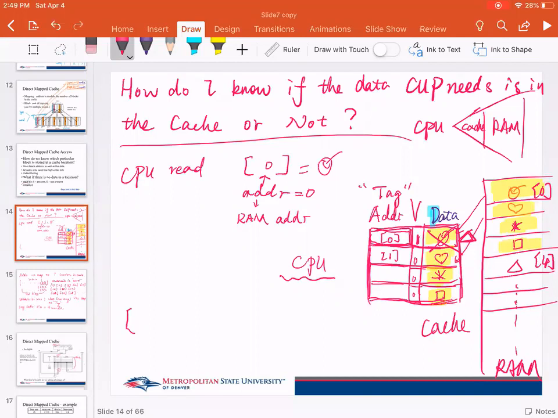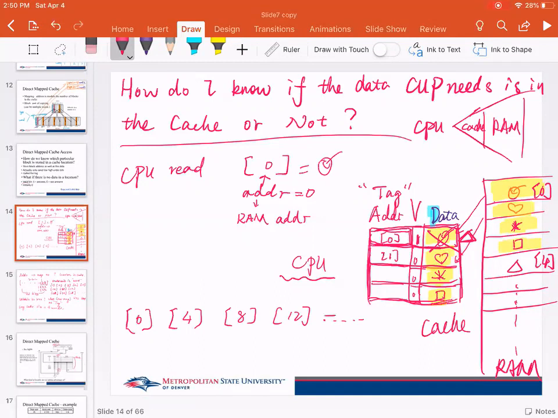So what does that mean? The apple has the memory address 0, and the triangle has memory address number 4. And later on, we will see number 8, number 12. All those addresses will be placed into the same location. And what is the feature of them?